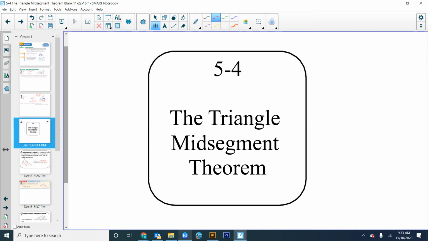There are some of the triangle midsegment theorem details listed out in your chapter 5 theorem sheets. We'll do examples in class today.